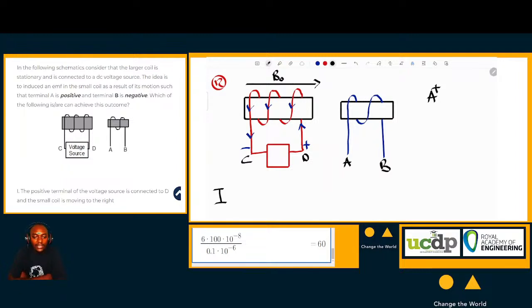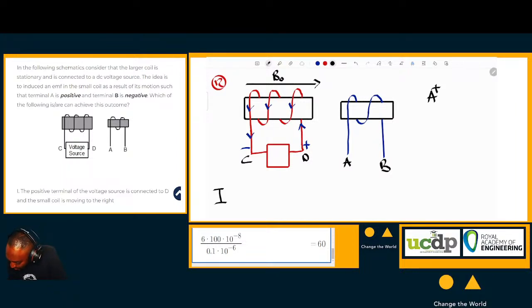So we're told that the small coil is moved to the right. If the small coil is moved to the right, what is happening to the magnetic flux there? Can you see the small coil?